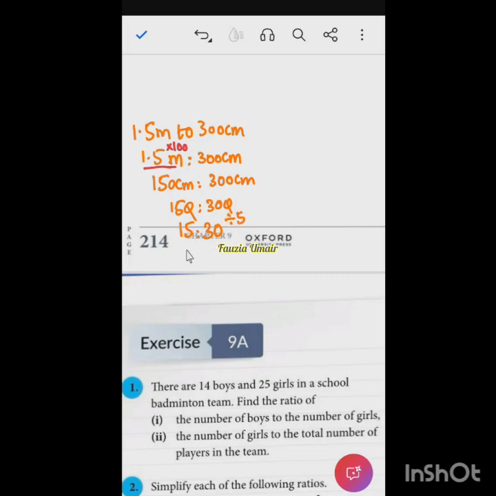With 5. So it will be 3 ratio 6. Now with which number can I divide, because it is not the simplest form yet? With 3. So it will be 1 ratio 2. This is your answer. Any question in this?